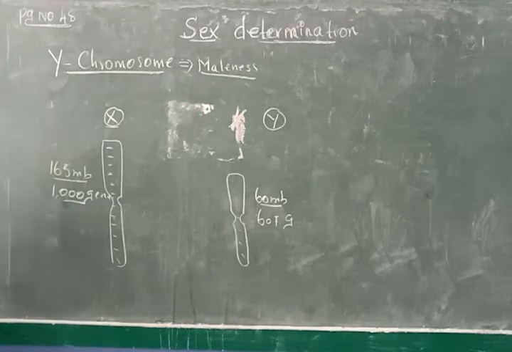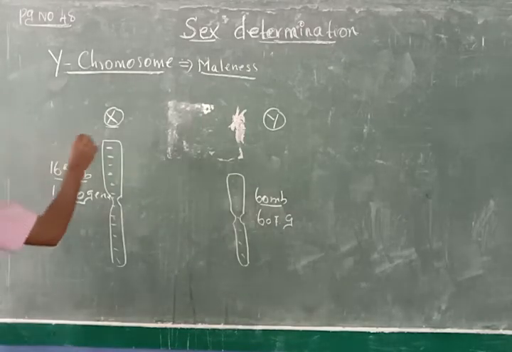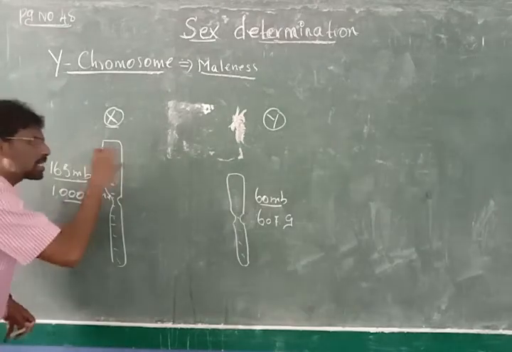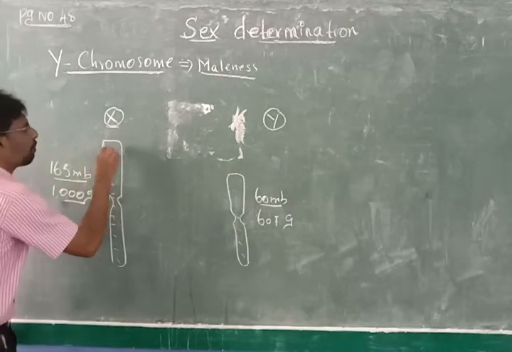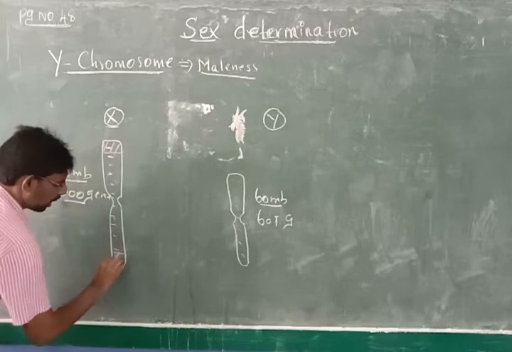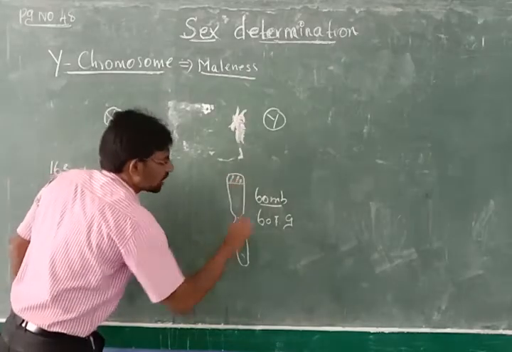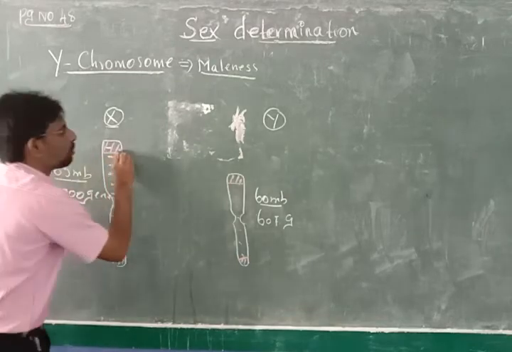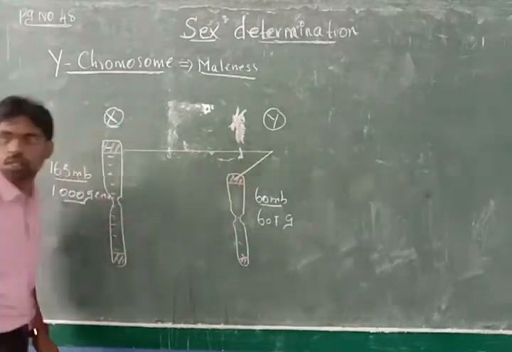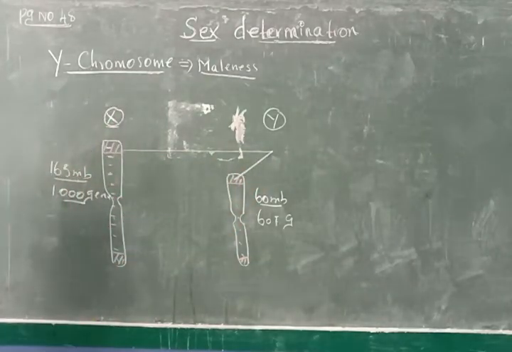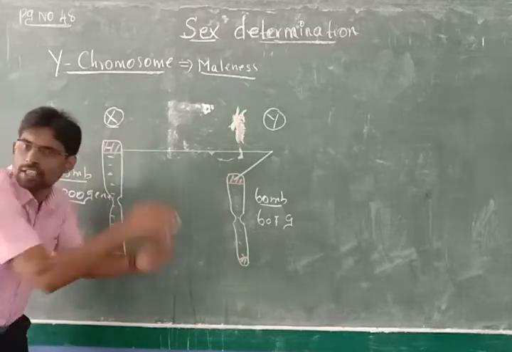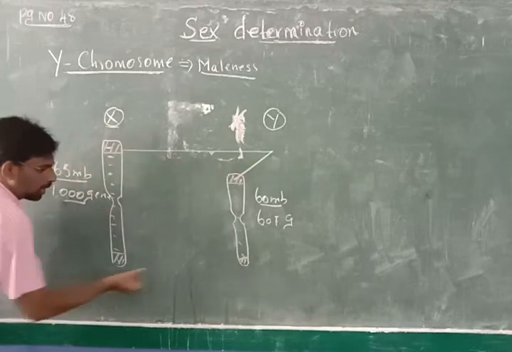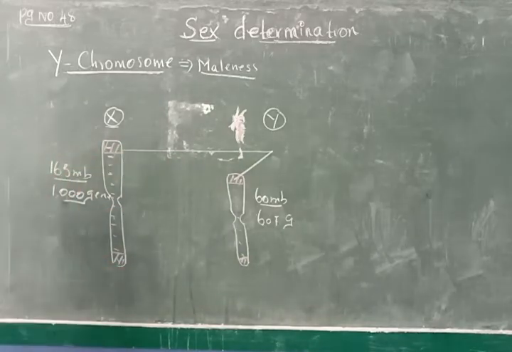But still, comparing the X and Y chromosomes, certain regions, maybe in this example this region and this region in both chromosomes, are very much similar. Though they are entirely different, the region on the top here is similar in both chromosomes.